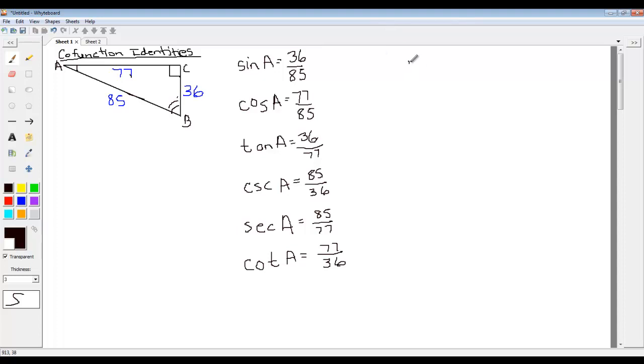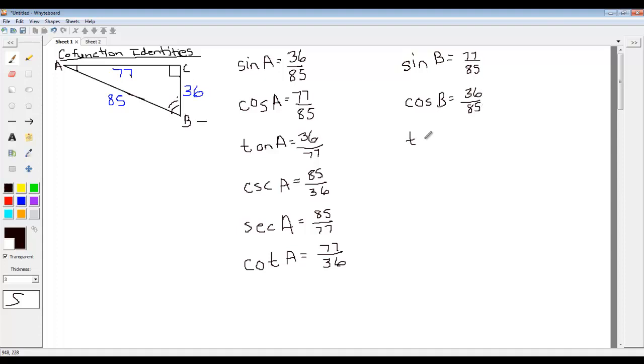So let's look at sine of B. Now we're focusing on angle B, so we look at opposite over hypotenuse for B, so 77 over 85. Cosine of B. Here's B. Adjacent over hypotenuse would be 36 over 85.